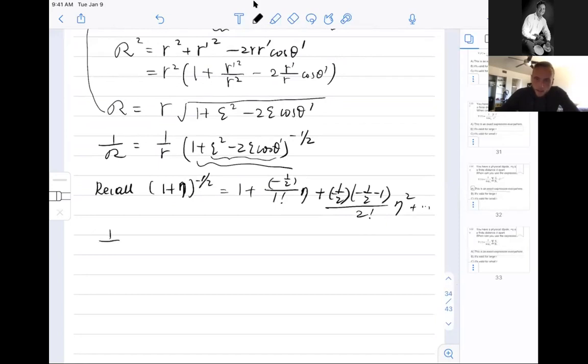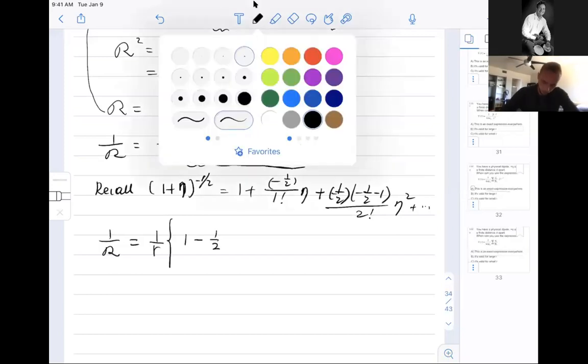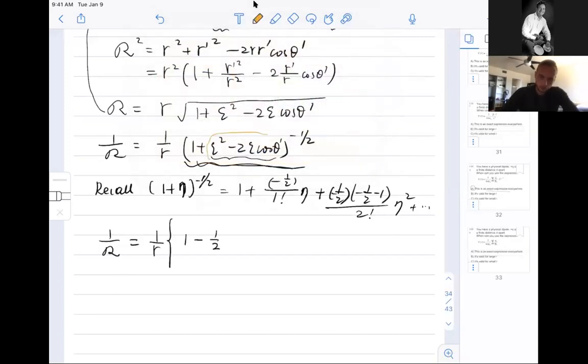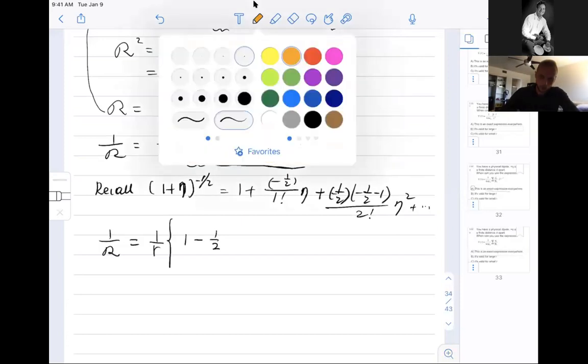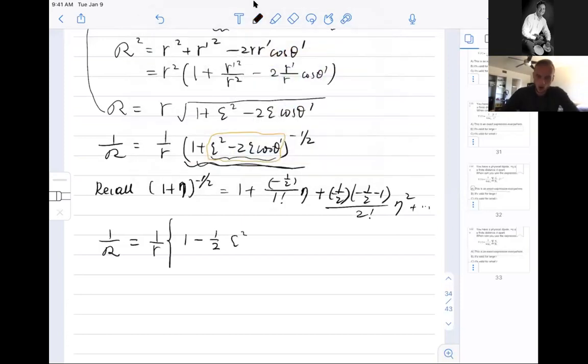Okay, so 1 over R is going to be 1 over R, little r of course, and then you expand this term. First term becomes 1. And second term is negative 1/2 times the small quantity. In this case, my entire small quantity is this guy. Let's circle it: epsilon squared minus 2 epsilon cosine theta prime.